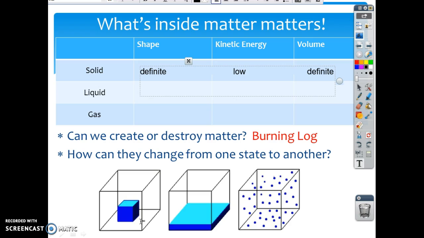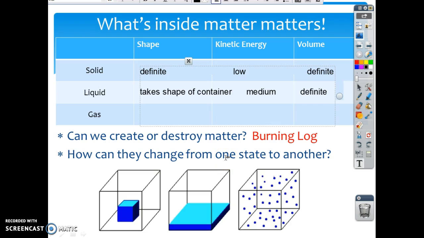Everything's vibrating slightly. Now let's move on to our liquid over here. Our liquid takes the shape of the container. Think about pouring milk from a jug into a cup. It takes the shape of the cup. It has a medium kinetic energy, but it still has a definite volume. The volume is for sure however much space it's taking up inside that container.